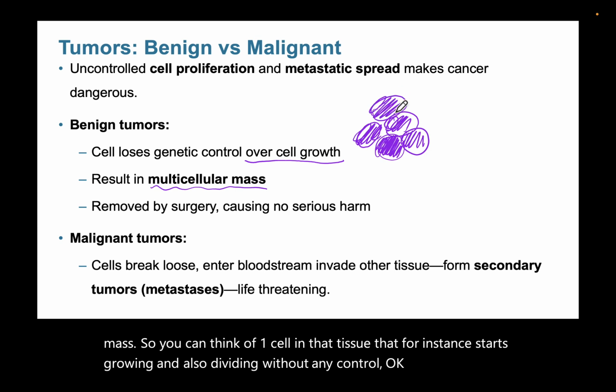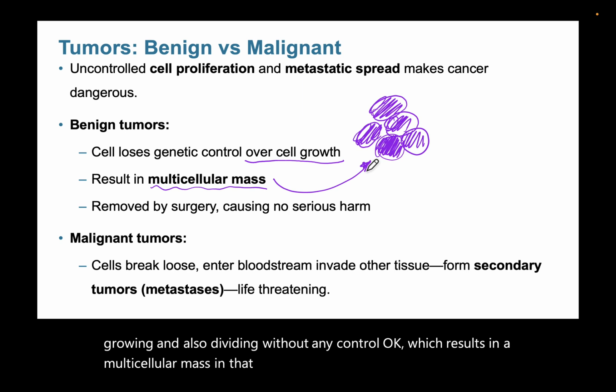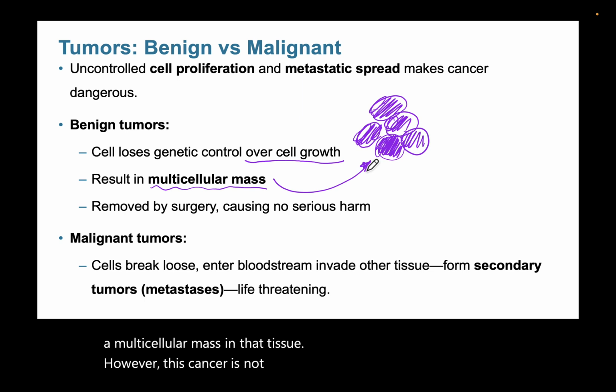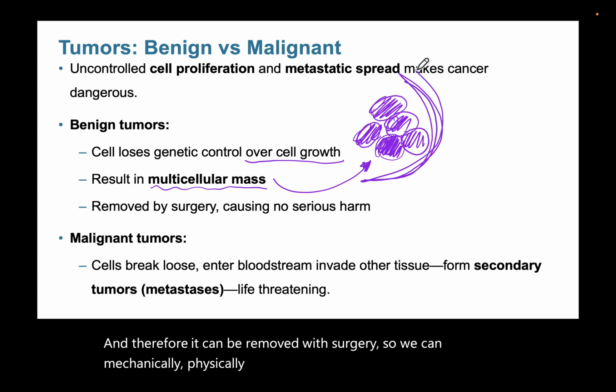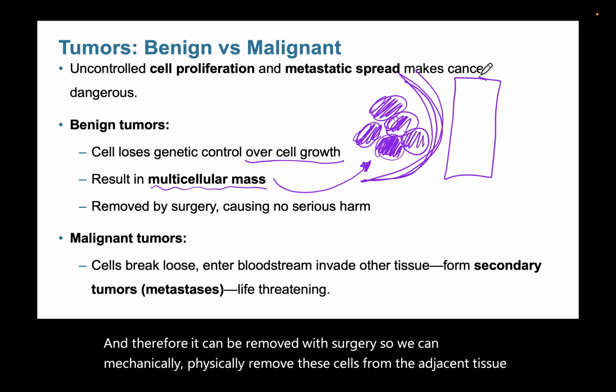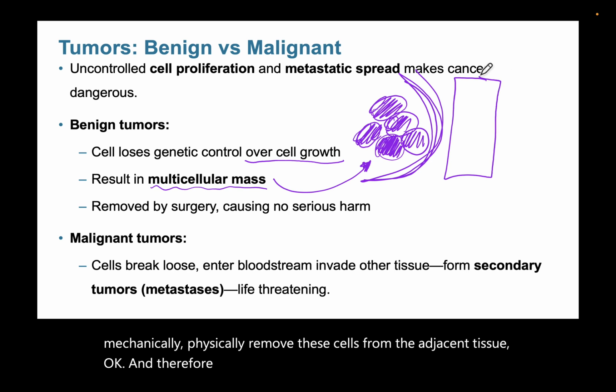Which results in a multicellular mass in that tissue. However, this cancer is not very harmful to the body and therefore can be easily removed with surgery. So we can mechanically, physically remove these cells from the adjacent tissue, okay? And therefore protect the remaining tissue that stays in the area.